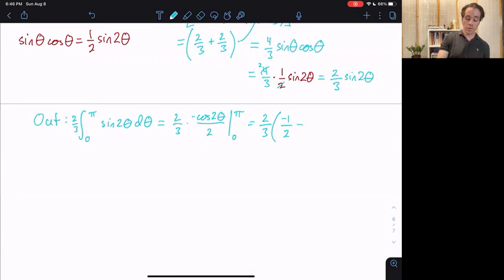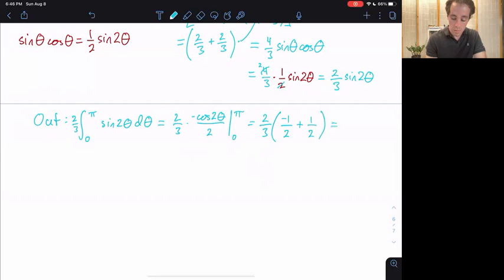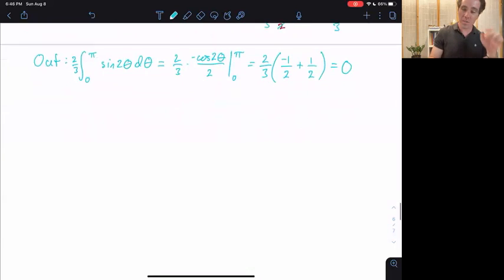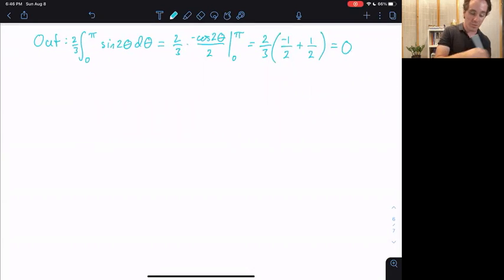So this will be minus, and let's see, cosine of 0 is 1, but it's minus -1, so that will be plus 1 over 2. 0. Seriously? Wow. Okay. Well, I must have been remembering that one when I thought about this, because I did work this out ahead of time.